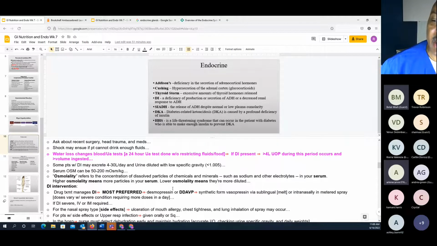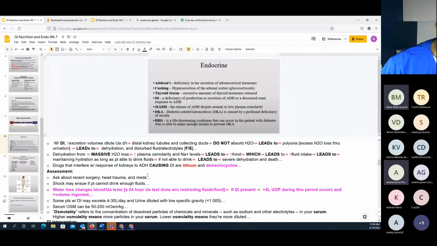And this is just a synthetic form of vasopressin or the ADH, whereby it stops the kidneys from excreting so much, but it helps them to reabsorb water. All right. And one of the ways we can determine if it's working is we weigh our patients. If they're losing an excessive amount of fluids, then their weight is going to reduce. And of course, once we give them this medication, if they begin to start gaining weight and the urine output is less, those are things we can look at as far as our evaluation.